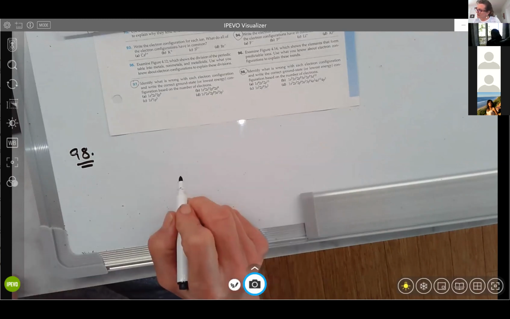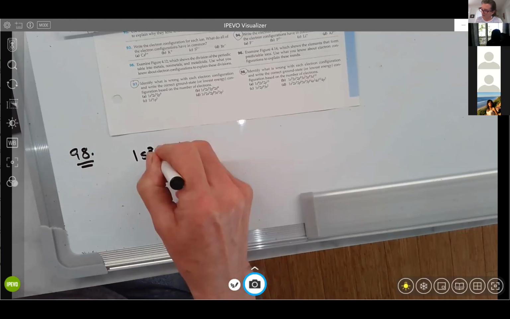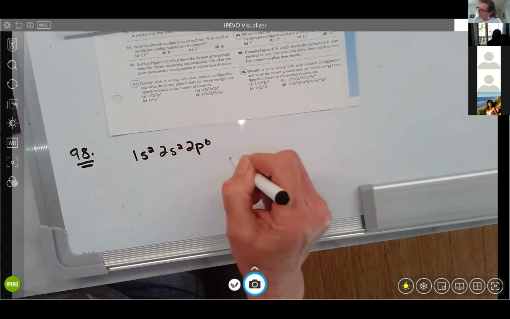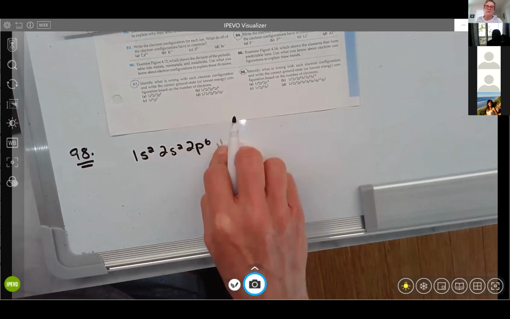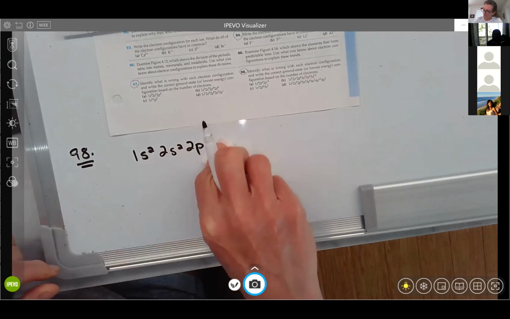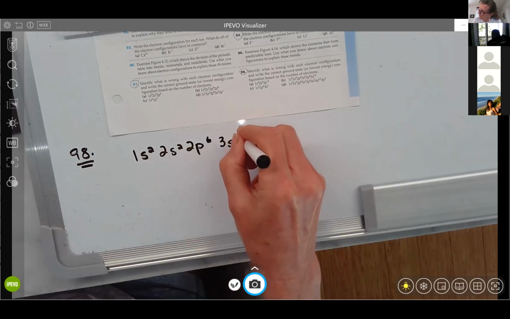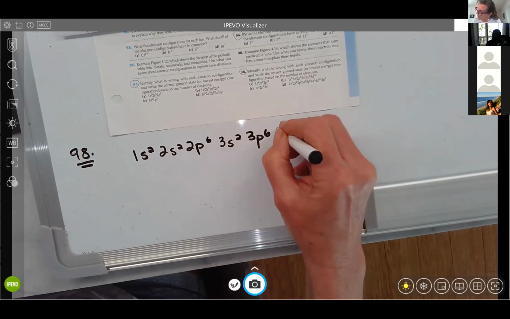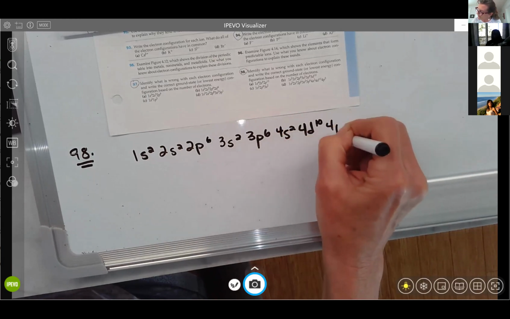Here's another electron configuration we're looking to convert to the ground state: 1s2, 2s2, 2p6, 3s2, 3p6, 4s2, 4d10, 4p3.